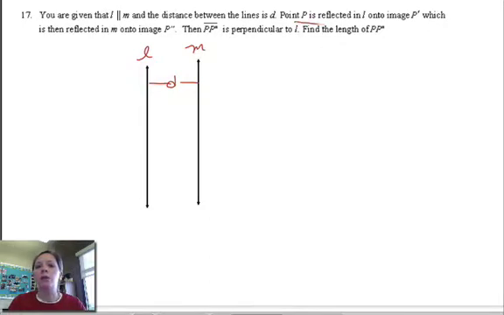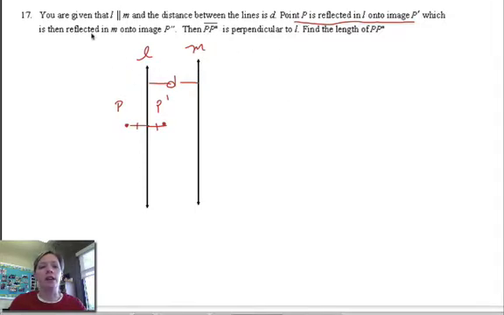Now we know point P is reflected in L onto its image P prime. So we just start with a point, maybe we put it right here, point P. Now if I reflect that over line L, that means P prime would be right about there, right? And what has to happen is the distance from the reflection line has to be exactly the same. That's how we do a reflection.